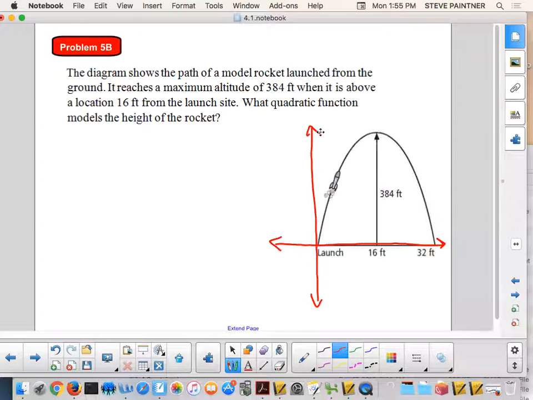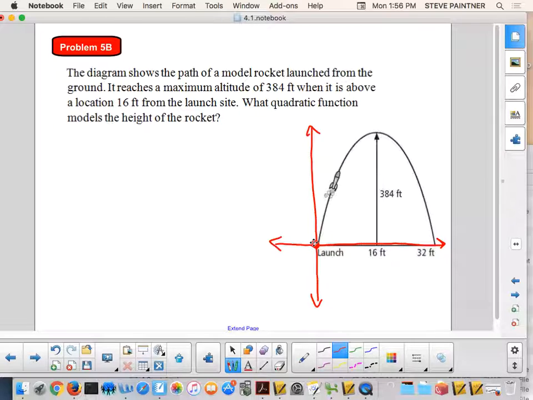Now, here's the bad thing about this story problem: they just gave you a picture of the rocket, and they never really said anything about the XY axis. Now you have freedom to put the x-axis where you want, the y-axis where you want. But here's me thinking, if the rocket starts here, if that's the starting point, I'm going to make this the origin. That's what I would do. I'll try to write the equation.